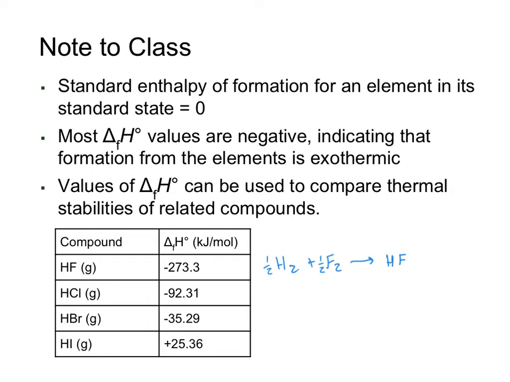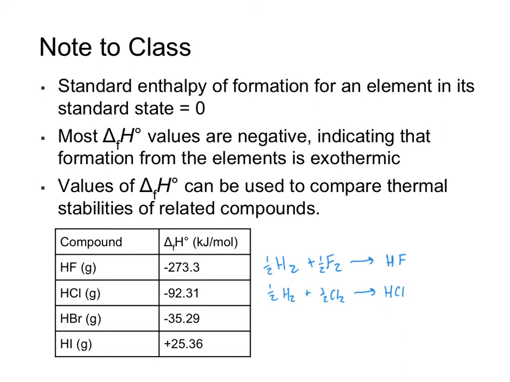Likewise, though, that same process for HCl only releases 92.31 kilojoules of energy. And so the formation of HF is a more exothermic process, which means that it releases more energy, and so we can say that HF is a more stable compound than HCl.